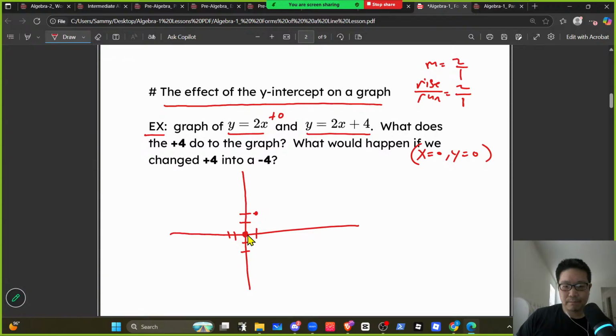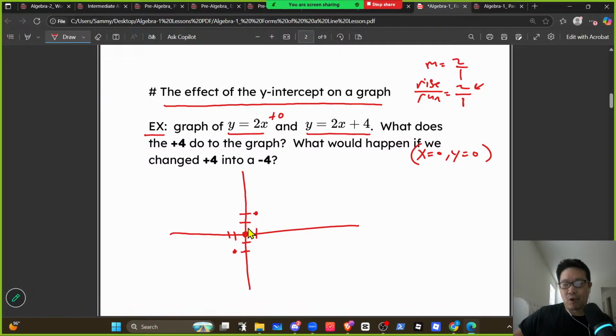Two steps to the left. So you would do the opposite of what's happening here. Instead of going up 2, you're going down 2, and you're going left 1. It's the opposite.